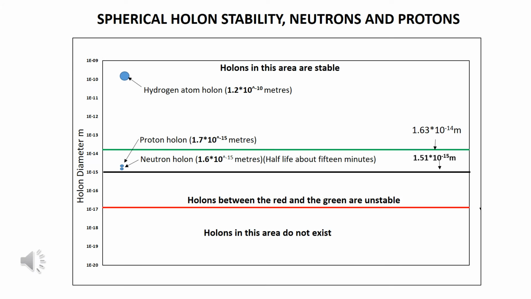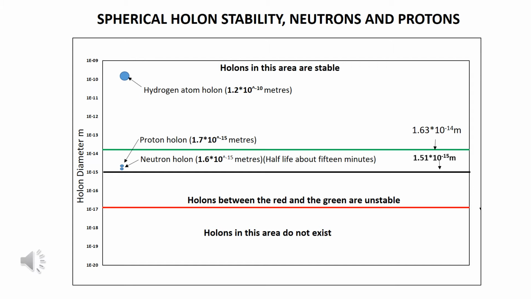Here we have added a proton holon to the diagram. It has a diameter of 1.7 times 10 to the minus 15 meters, and a hydrogen atom holon that has a diameter of 1.2 times 10 to the minus 10 meters.